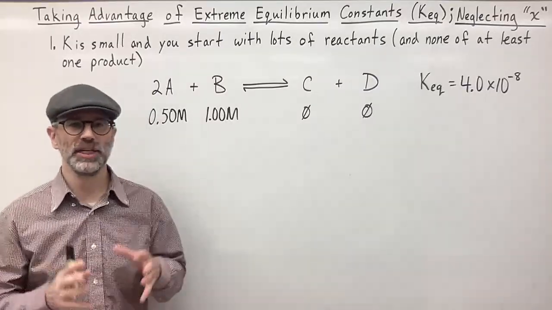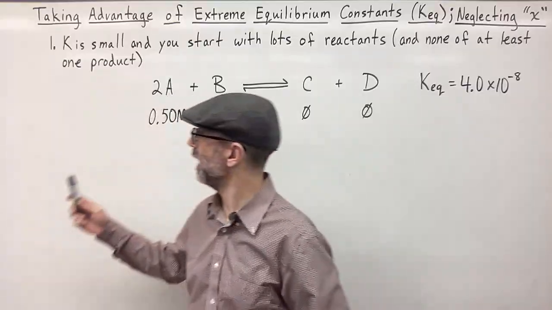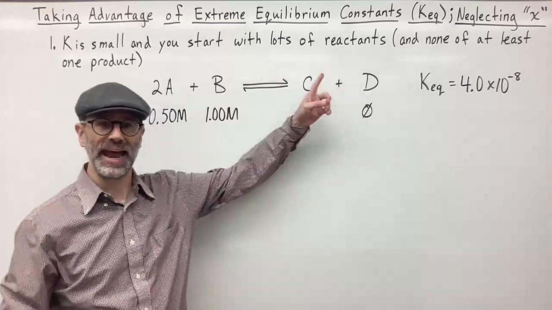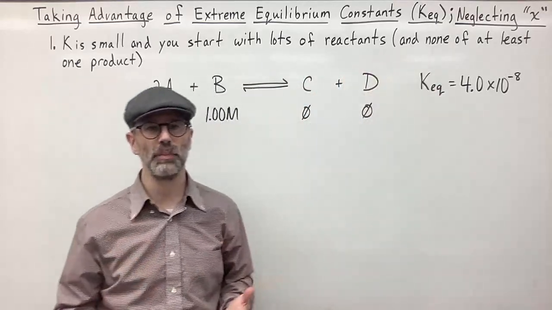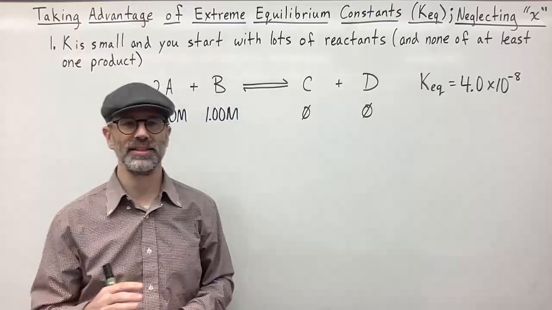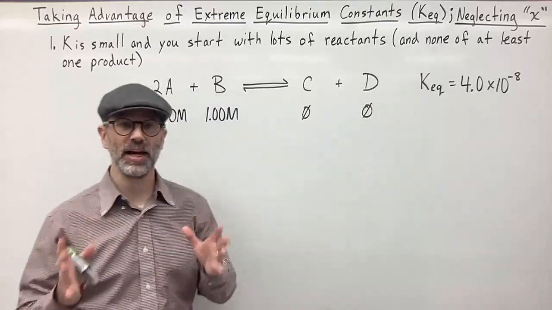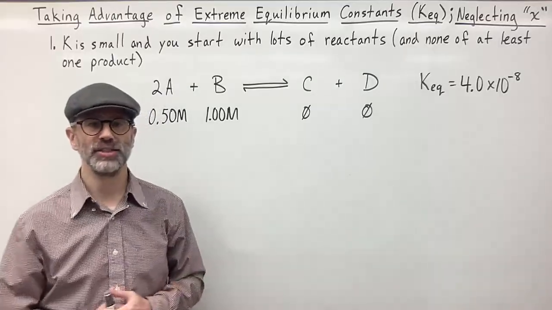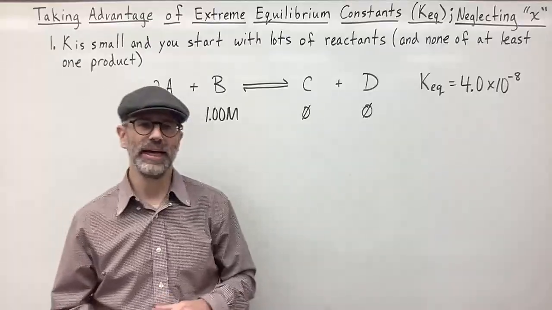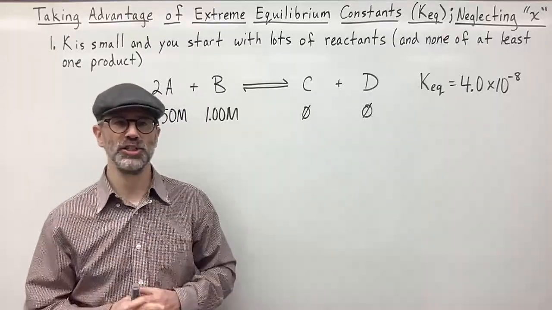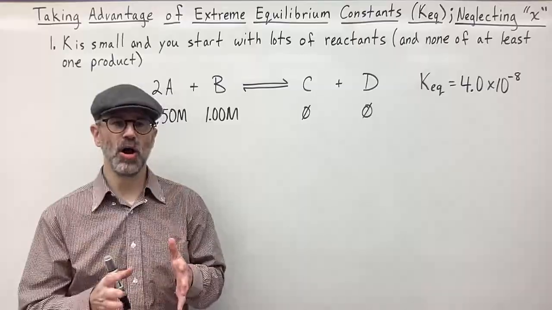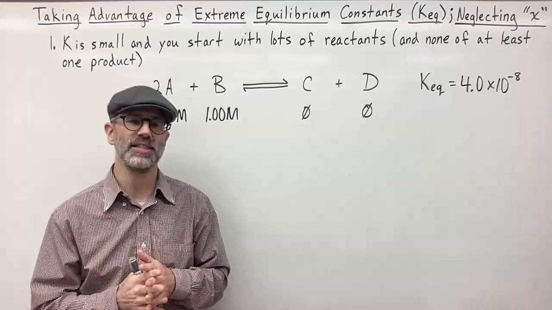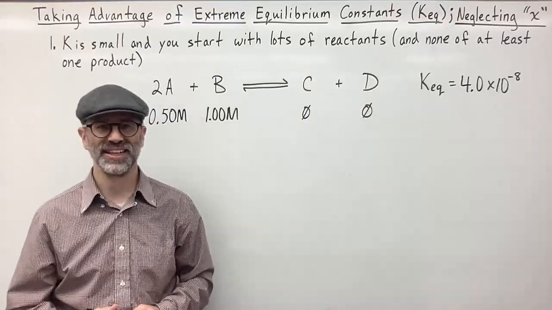In this particular video we're going to look at when x is small, and you start with lots of reactants and none of at least one product, and you have a very small equilibrium constant. So how do you solve that sort of problem? In other videos, I'll talk about other situations, but we're going to focus on a small equilibrium constant with zero product, or at least zero of one of the products. So let's get into this.